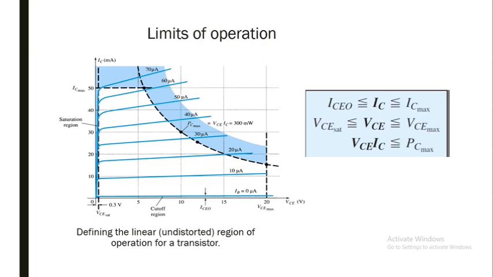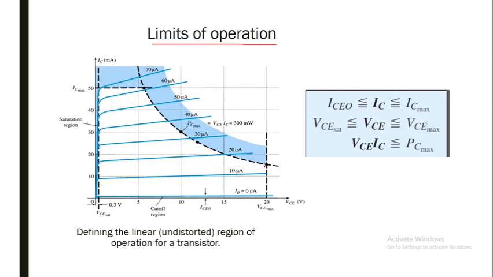Now, since we need to define some linear region of operation of a transistor, so that we get an undistorted amplified output signal, we should have a defined region of operation. For that, we need to define some limits of operation.